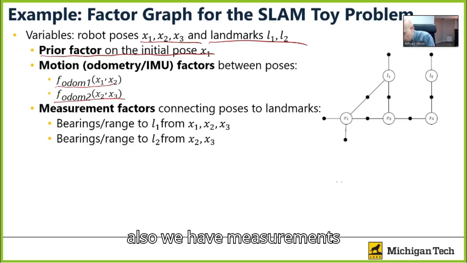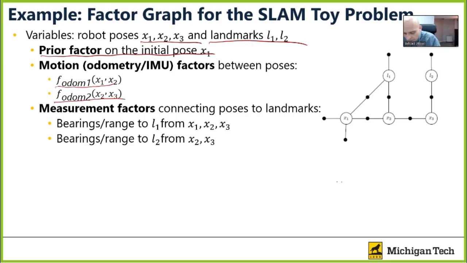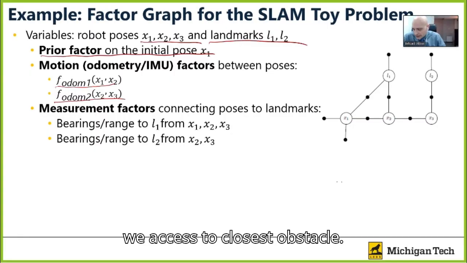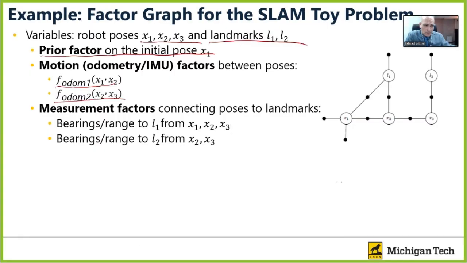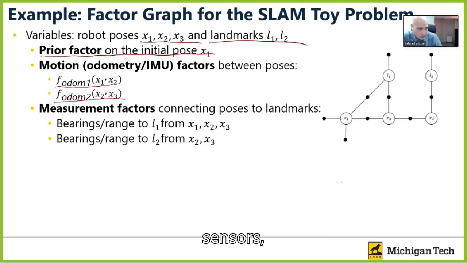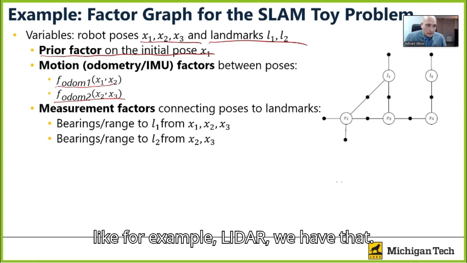And also we have measurements, for example, access to the closest obstacle. We have some bearing sensors and range sensors, like LiDAR.